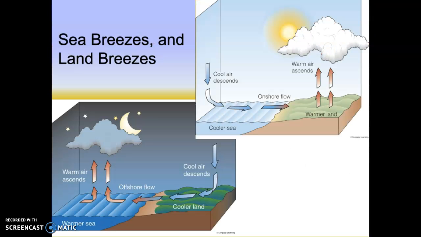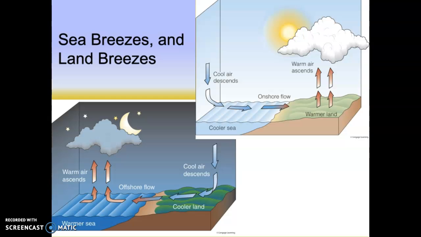So let's take a look at sea breezes and land breezes. If you ever go to the coast, this is something that most people notice. If you go to the beach, especially by midday and afternoon, you'll see a pretty strong onshore flow of wind. And the reason for that is in the upper right-hand corner.